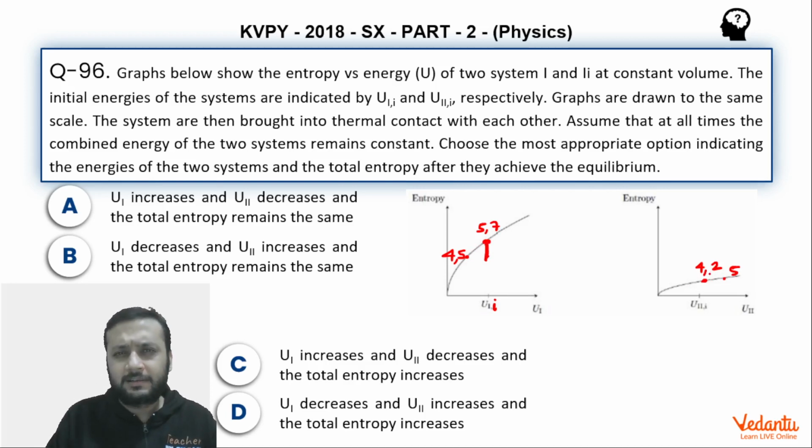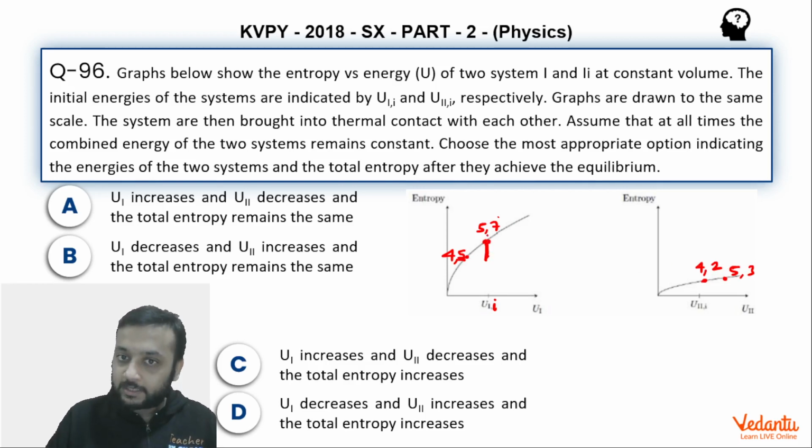Let's say an increment of 1 unit, so it goes from 2 to 3. This point is 5,3. So if you see, the total entropy before was 7 plus 2, which is 9, and now it is 5 plus 3, which is 8. That means it has decreased, which is not allowed.